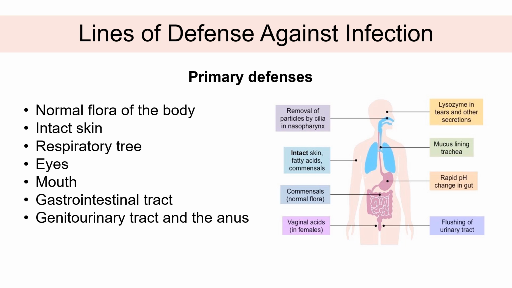So what does this mean for you? Patients who are unable to cough or to sneeze forcefully may not be able to expel those pathogens that our primary defenses are trying to get out. So for example, if you have a patient that is intubated, so they have a tube down their throat that is breathing for them, those patients cannot expel secretions on their own. Okay, those secretions have to be suctioned out by you.